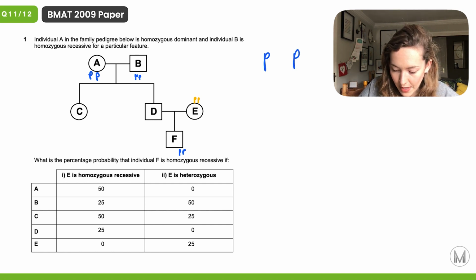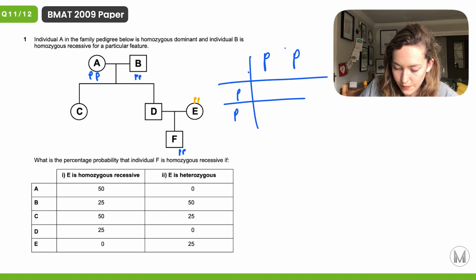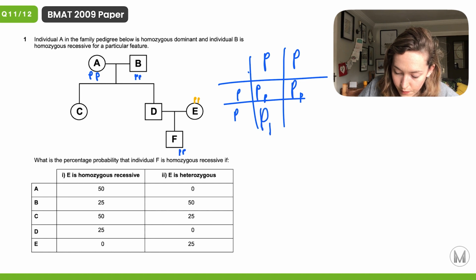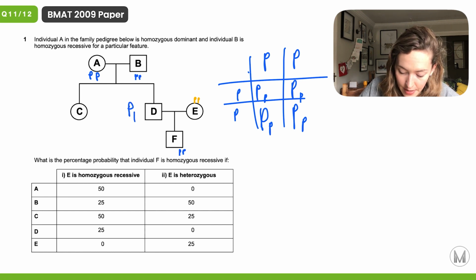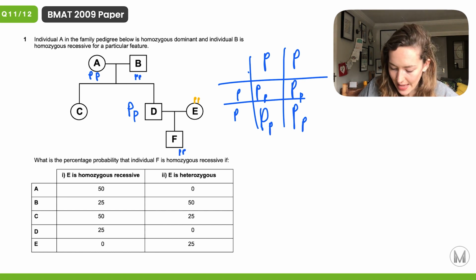So we've got 2 uppercase P's, 2 lowercase p's. All 100% of my offspring, so D, is guaranteed to be heterozygous. Okay, so that helps here. So let's cross D and E now.